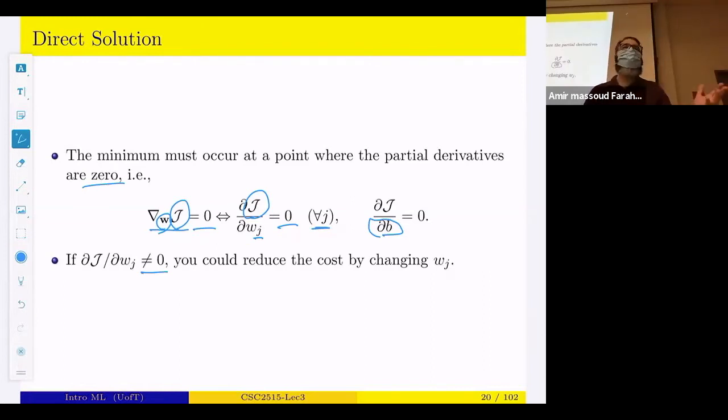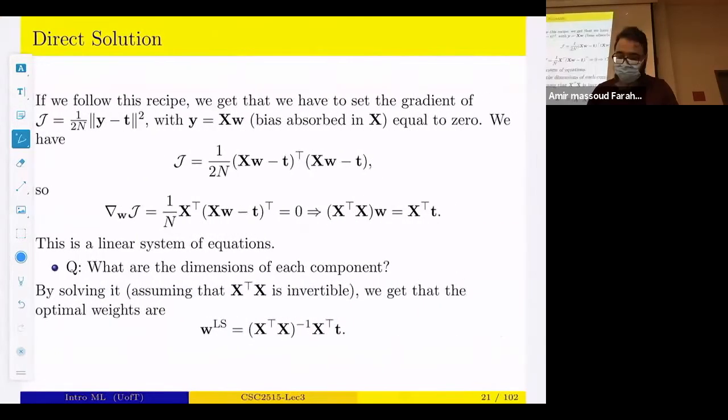As we will see later, this is the basis of a method called gradient descent. But in this case, we don't need to do that. We can equate this gradient to 0 and solve it using linear algebraic techniques.